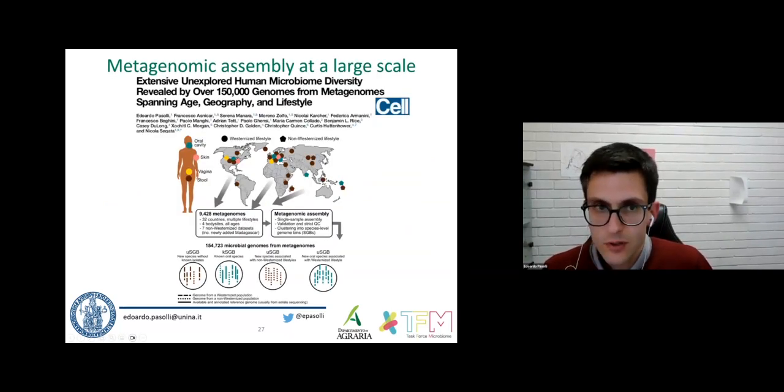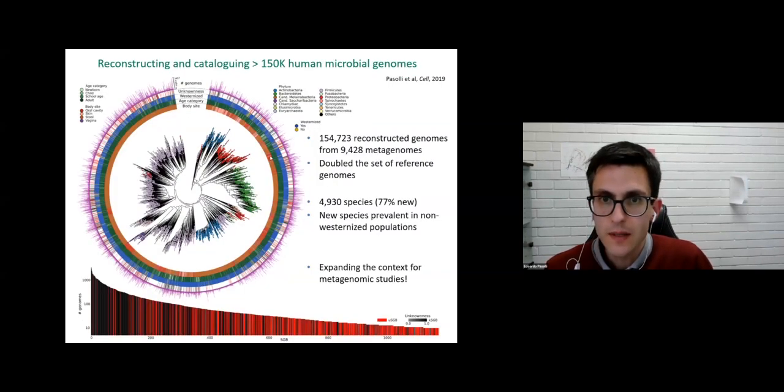This approach was also the base of this paper, in which we performed a large-scale analysis in the human microbiome field, in which we collected and analyzed several thousand metagenomes. We performed metagenomic assembly, and we reconstructed a lot of different MAGs.